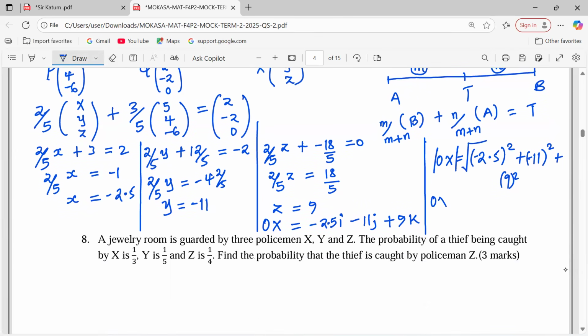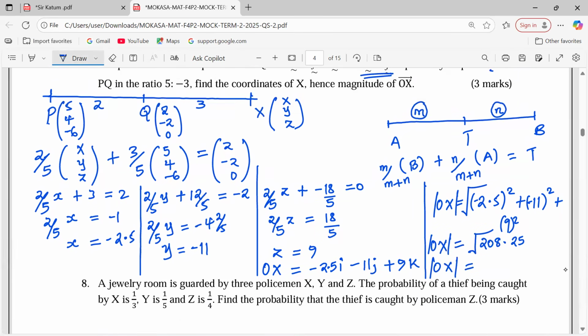So the vector OX will have a length equivalent to what? 2.5 squared plus 11 squared plus 9 squared, 208.25. Then the value of OX now shall be given us.